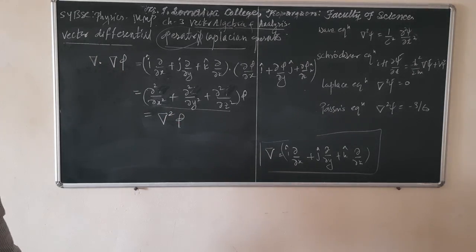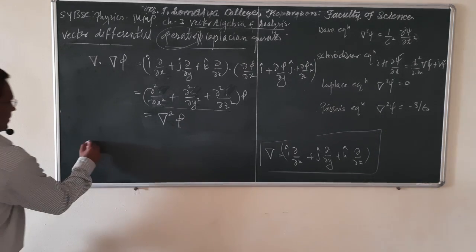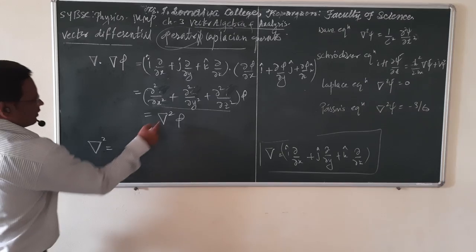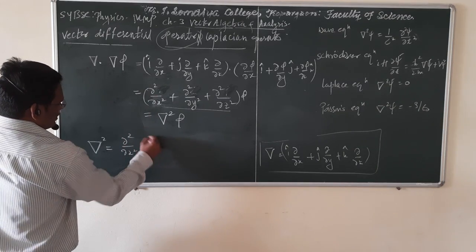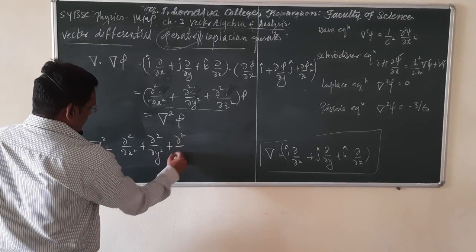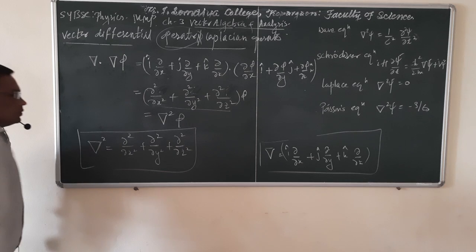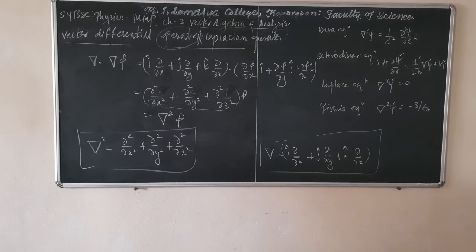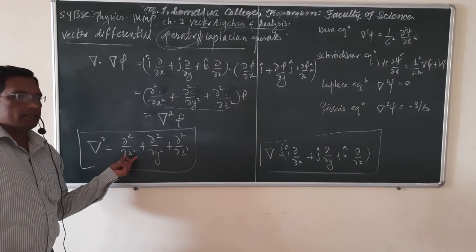So the definition of the Laplacian operator is: del square = ∂²/∂x² + ∂²/∂y² + ∂²/∂z².